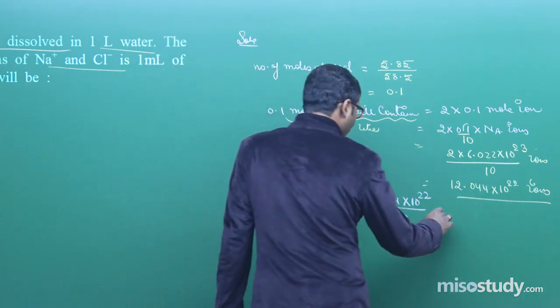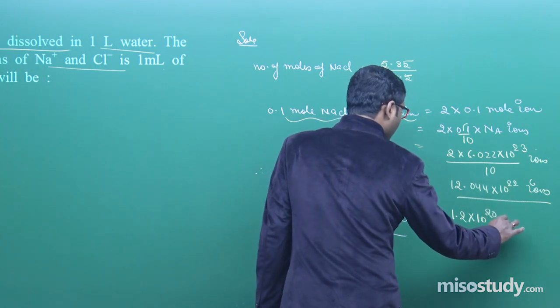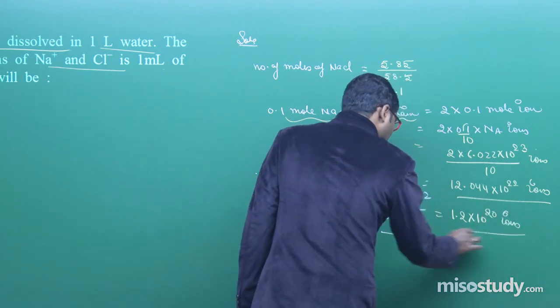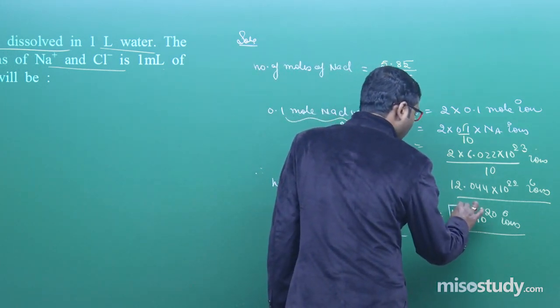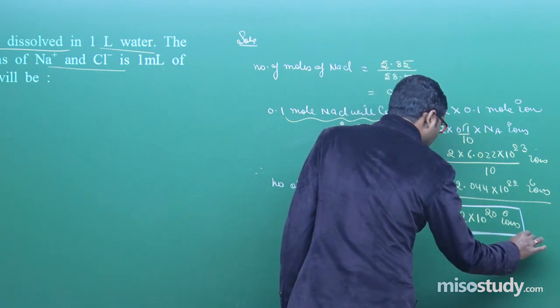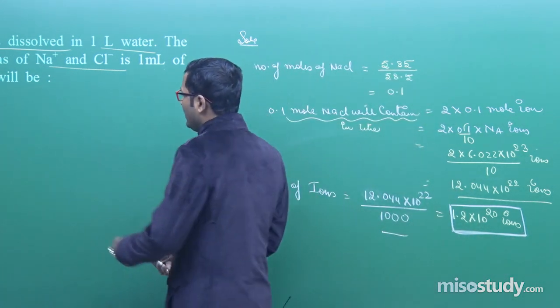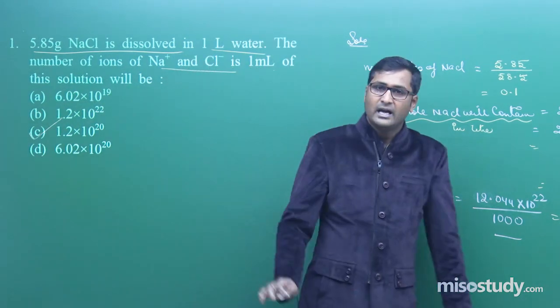After solving, what do we get? It will give you 1.2 into 10 to the power 20 ions. So the number of Na plus and Cl minus ions is 1.2 into 10 to the power 20. Clear? Again I am repeating, 1.2 into 10 to the power 20.